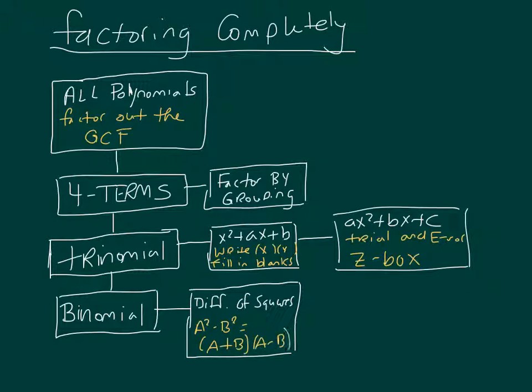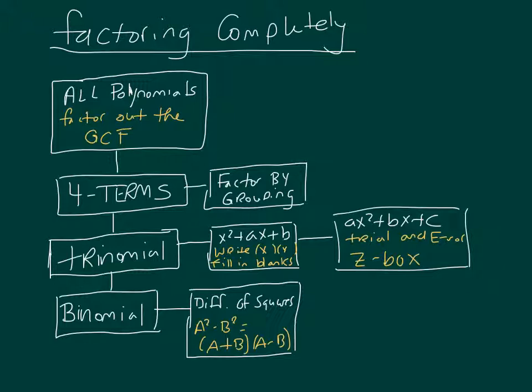Basically what I'm going to do there is take the square root of both of my terms, put a plus between those square roots and a minus between them. So this is the idea of factoring completely. You may have to go through more than one step for a certain polynomial based on the resulting factors. So let's look at just a couple.